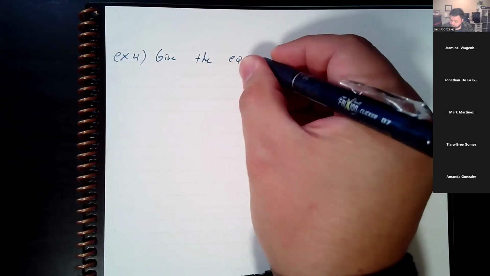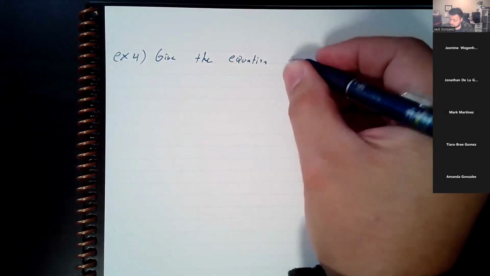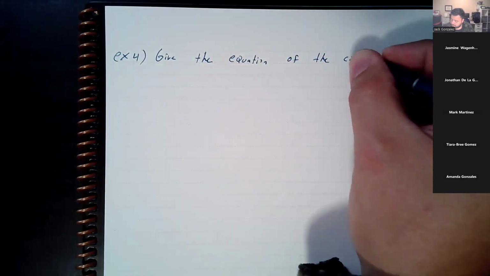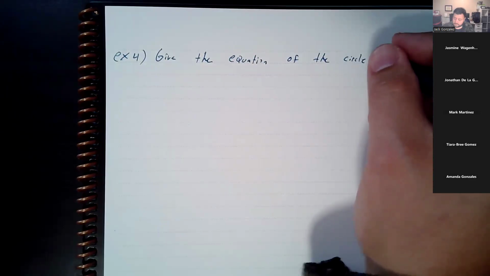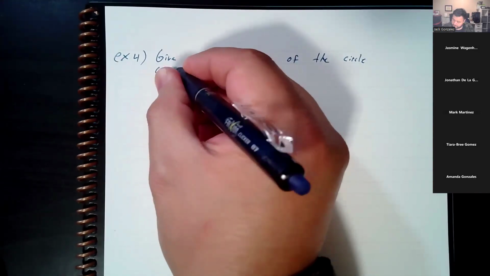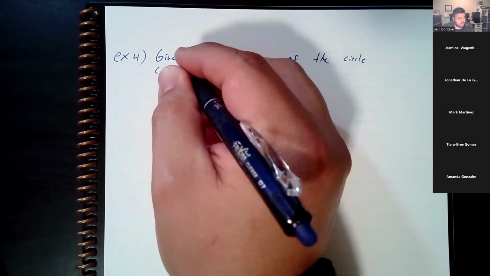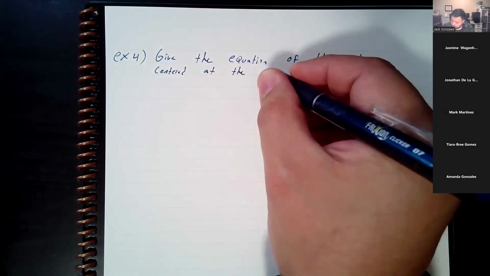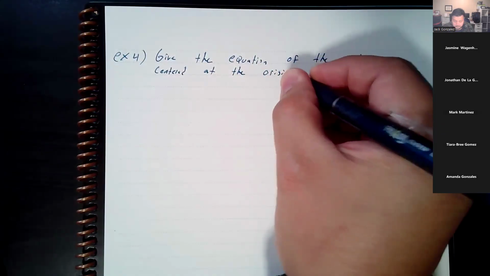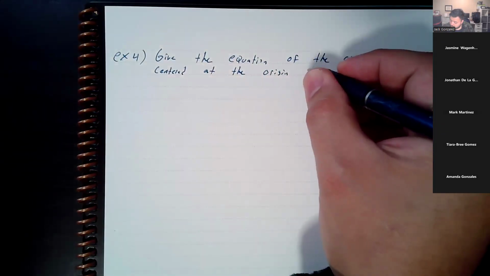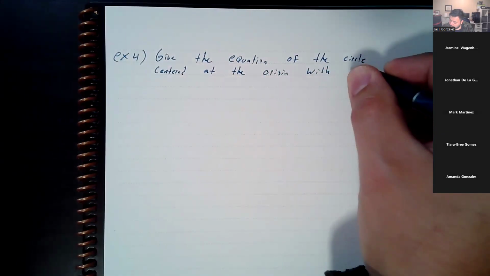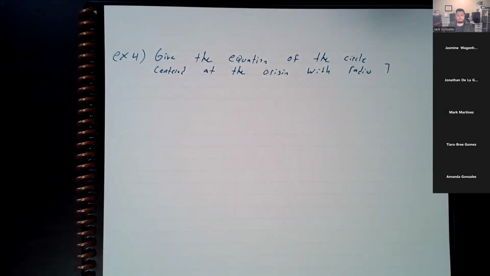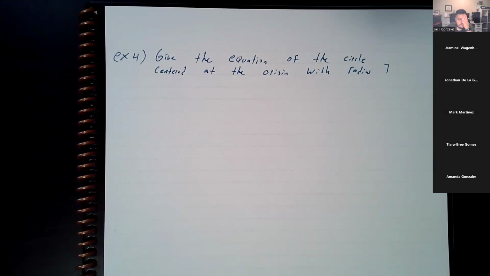Give the equation of the circle centered at the origin with radius 7. What does origin mean again?